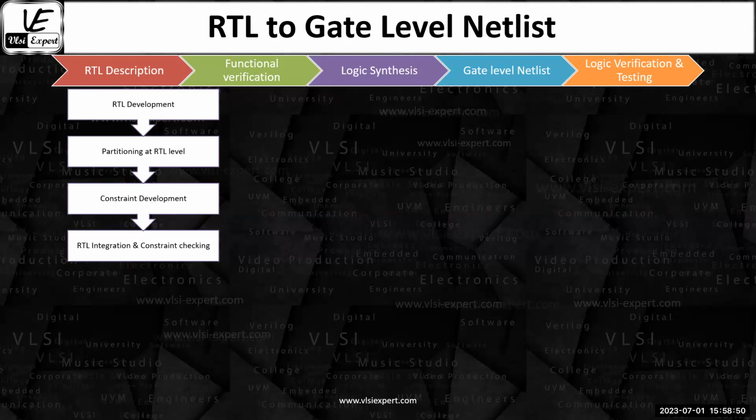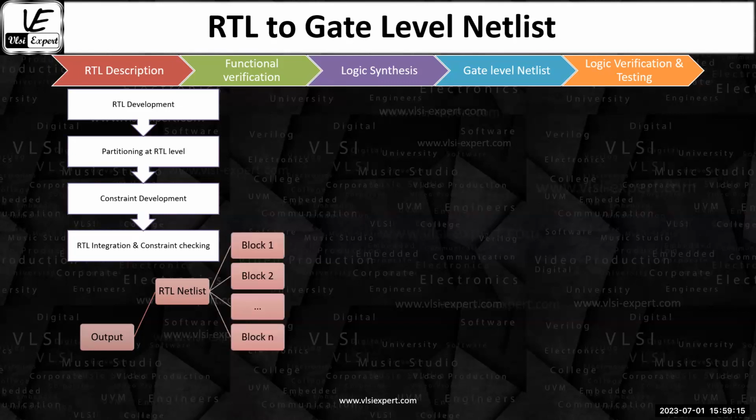Now you have done the RTL integration checking. That means at the end of this stage, you have certain output files. In the output files, you have all the RTL netlists, those RTL netlists which you have developed, or maybe you have just borrowed from someone else. Then you have the constraint of each and every RTL, meaning the blocks or the partitioning.